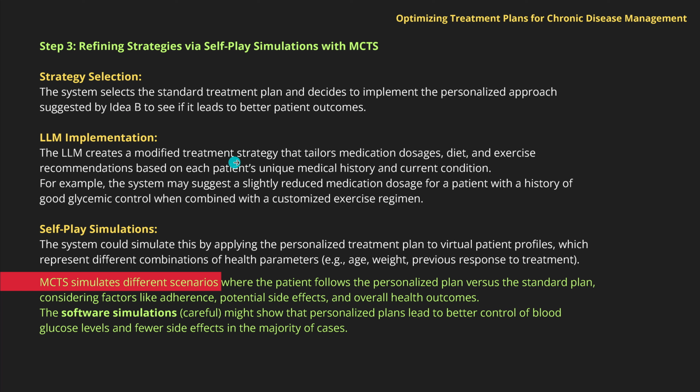So it creates now a modified treatment strategy that tailors medical dosage, diet, and exercise recommendations based on each individual patient's unique medical history and current conditions. And if, in our theoretical example, we are a pharma conglomerate, or we are in a hospital and we have thousands and thousands of patient data, we could do this theoretically and have the data respecting all the legal requirements and all the patient privacy.